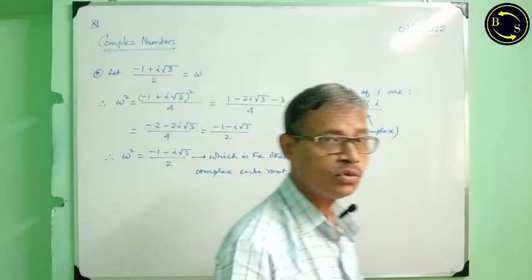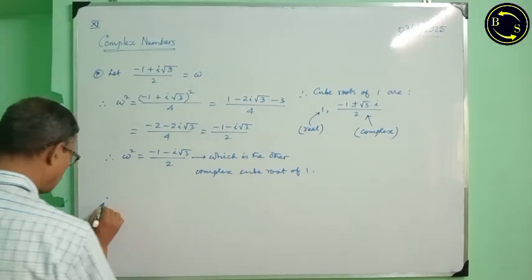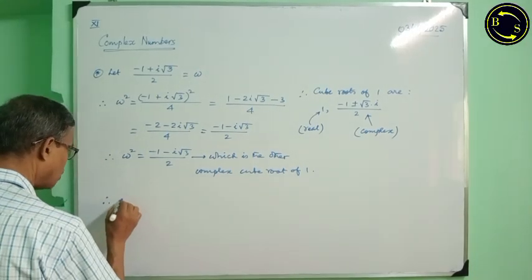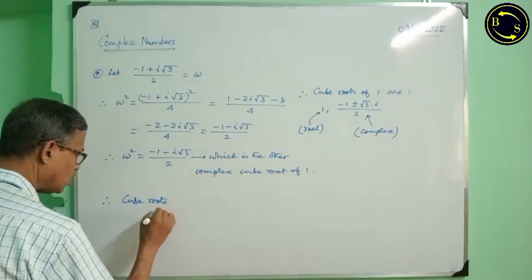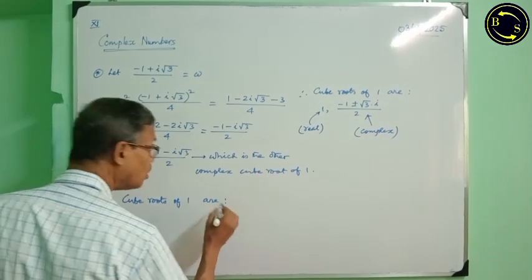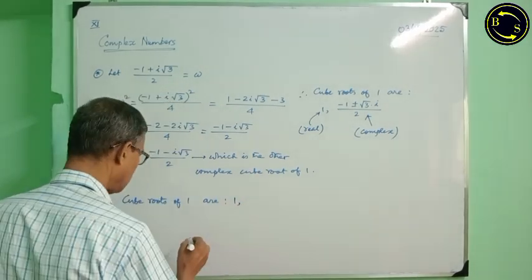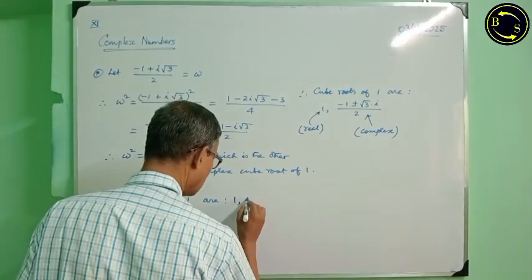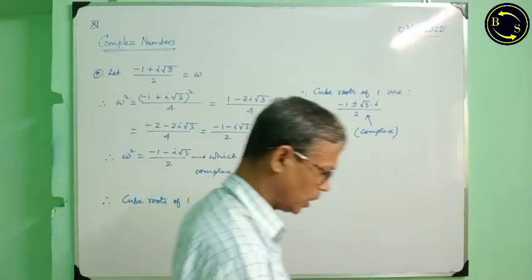That means if we use omega, then cube roots of 1 are, 1 is the real and 2 others will be omega and omega square.